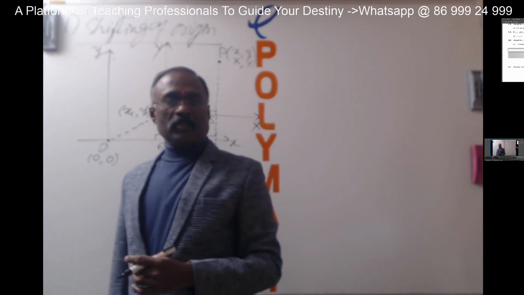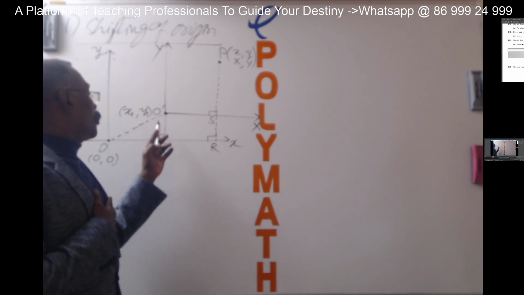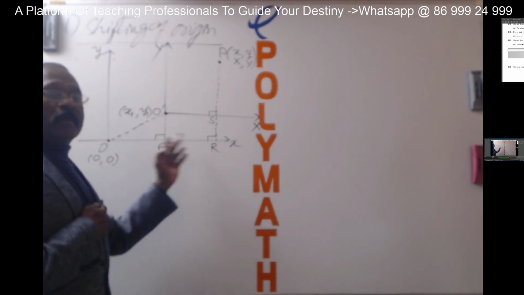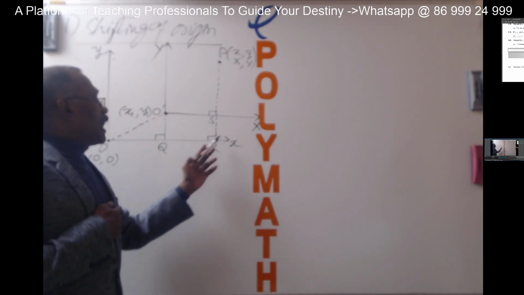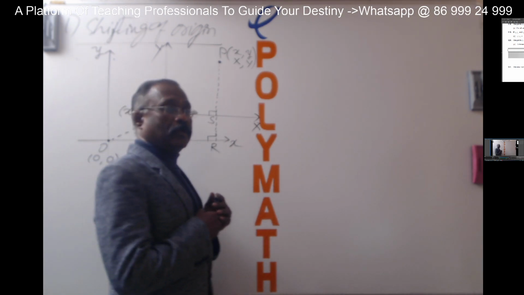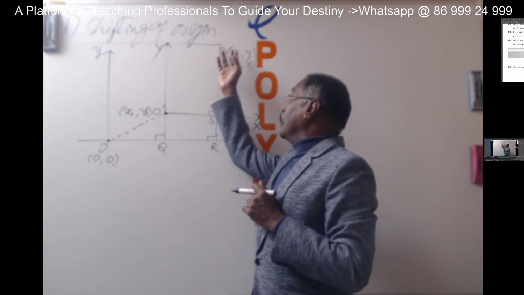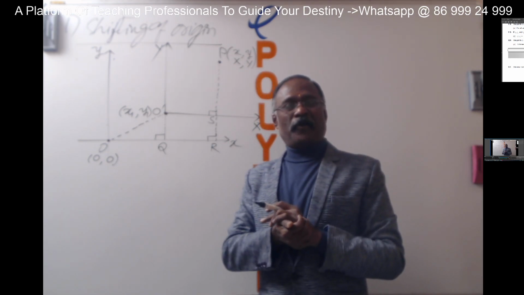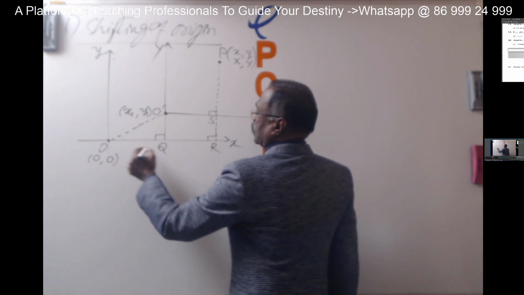What did I do? I have drawn a perpendicular from O dash to the original x-axis, and I have drawn one more perpendicular from P onto the original axis and new axis. I named them. Now, our interest is to find the relation between the original point, the new point, and the new origin. So let me write down. This is OR.